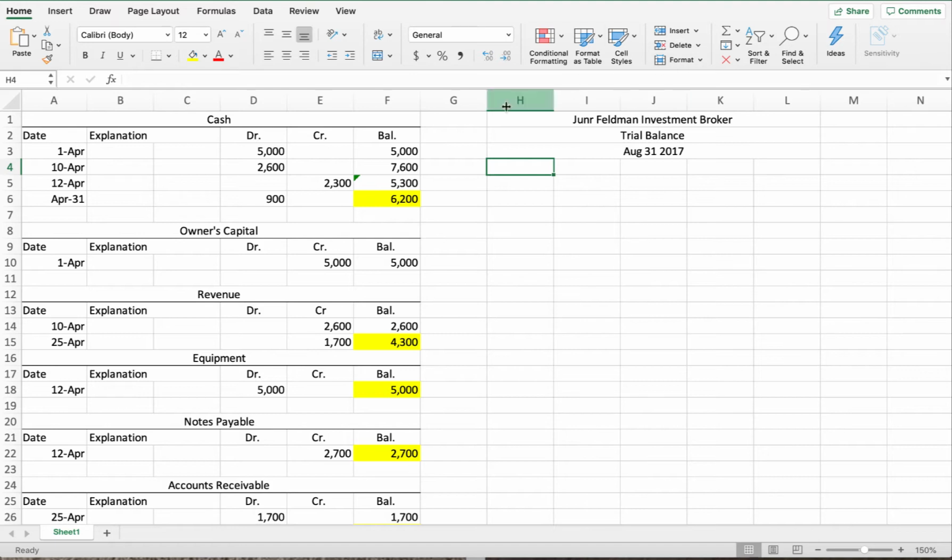Now, remember, we know cash is always going to be 101, 100. The next asset we have is going to be our accounts receivable, right? Whenever we list assets, liabilities, whatever, we always list them in the order of liquidity, right?